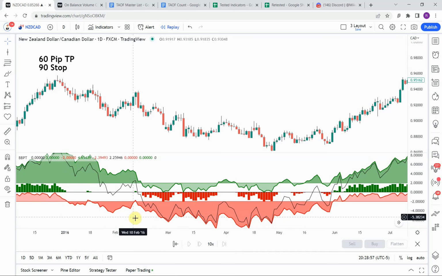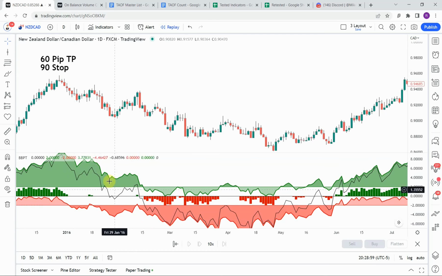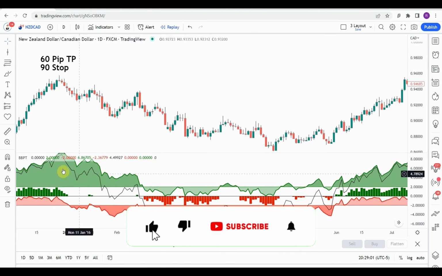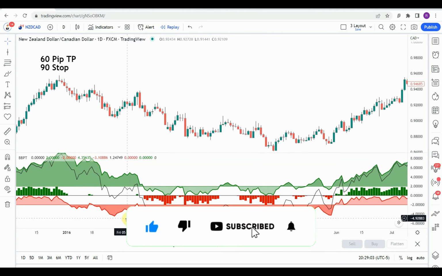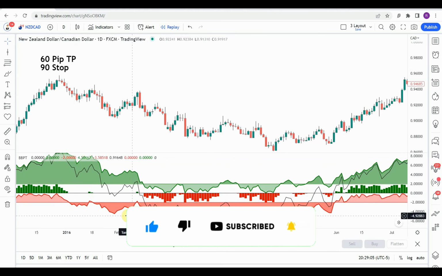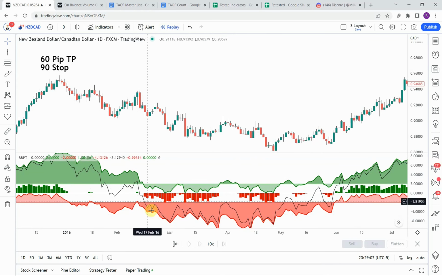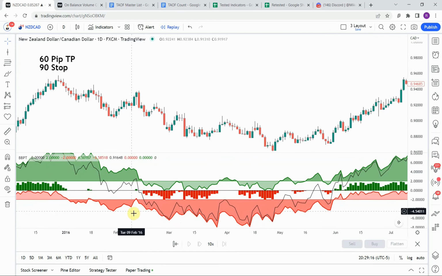Then we have an oscillating line moving through the indicator itself, and that is helping to determine the overall trend direction. And then we have this histogram here in the center.